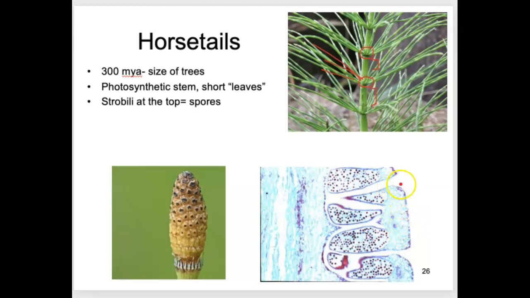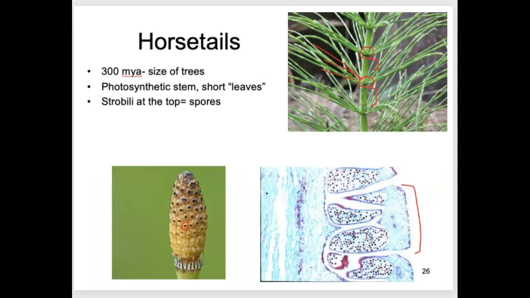So this thing right here is the equivalent to one of these little sections right there. And inside of it, all those little black dots, those are all the spores of the horsetail. So huge reproductive potential. Lots and lots of spores are possibly being produced here. And then typically when it gets dry, the spores get released.